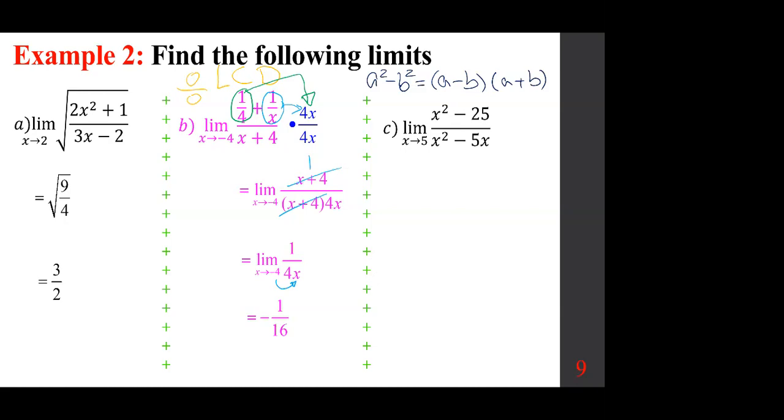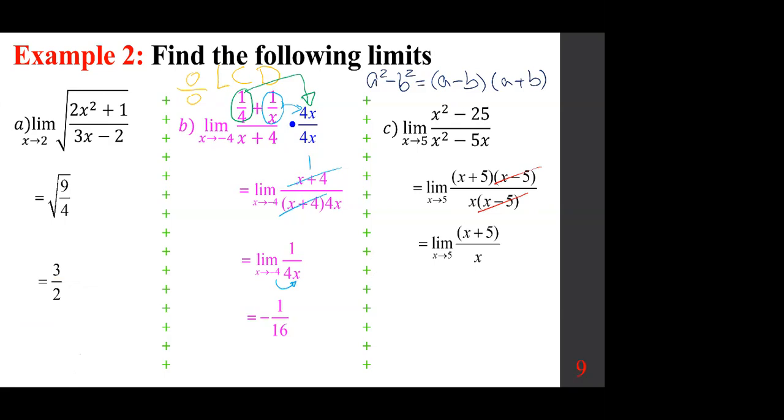And in the denominator, you just take a common factor of x. x minus 5 is in common, and it drops.